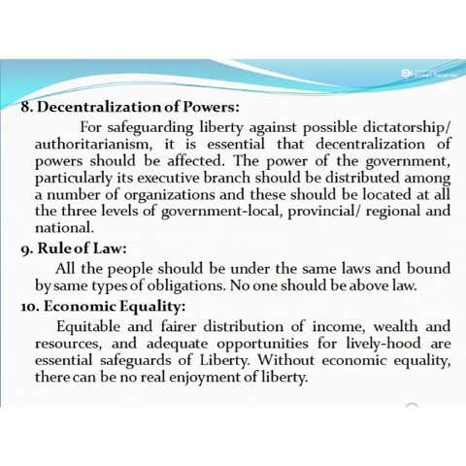All the people should be under the same law, bound by the same type of obligation, and no one should be above law. Tenthly, economic equality. Equitable and fair distribution of income, wealth, resources, adequate opportunity for livelihood are essential safeguards of liberty. Without economic equality, there can be no real enjoyment of liberty.